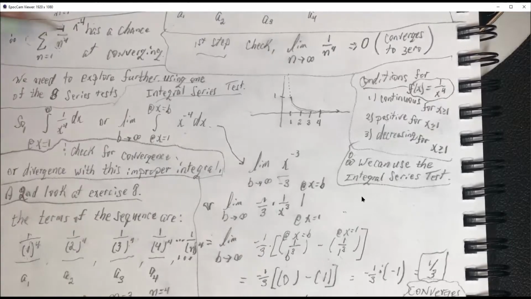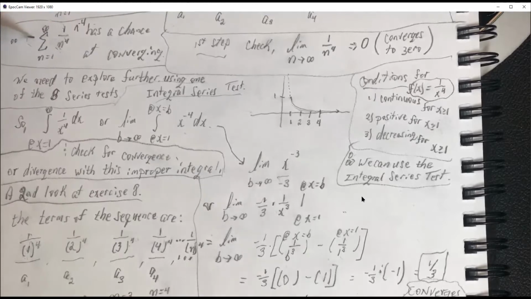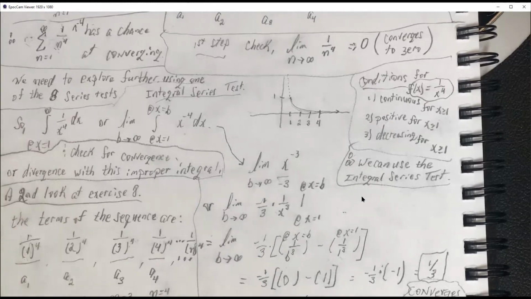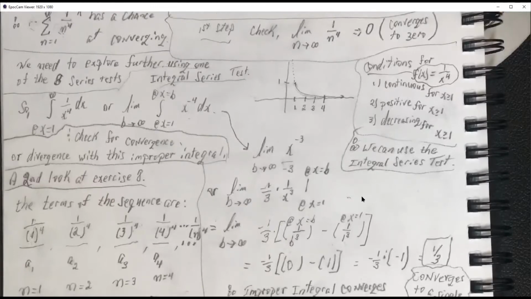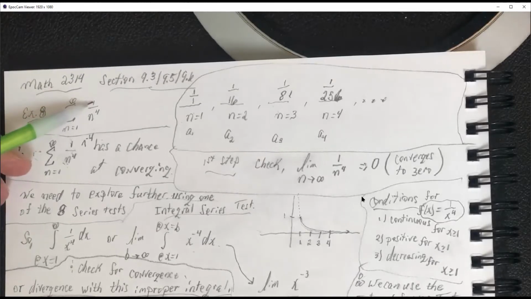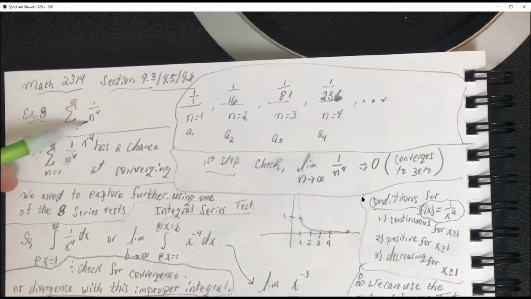If there was a 2 on the top, you could just multiply the 2 out in front, and then you would still have 1 over n to the 4th. Any questions so far? No, it just has to be that the numerator is 1. If it's any other number up here, say 22, just factor the 22 out in front and write it as 1 over n to the 4th.